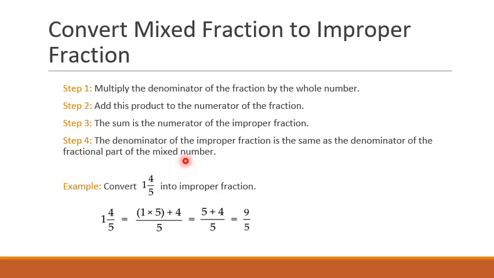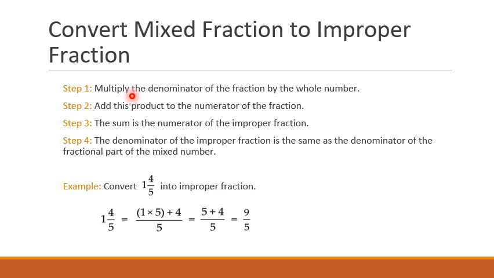So now let's understand it with the help of an example. Convert 1 4 by 5 into an improper fraction. Here 1 is the whole part, 4 is the numerator and 5 is the denominator. So what is the first step?